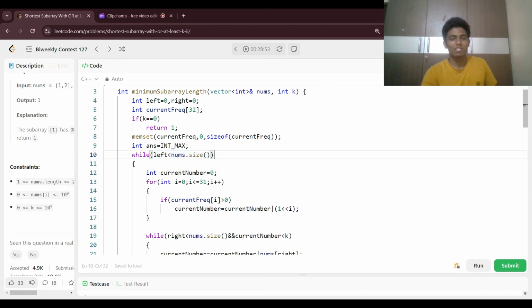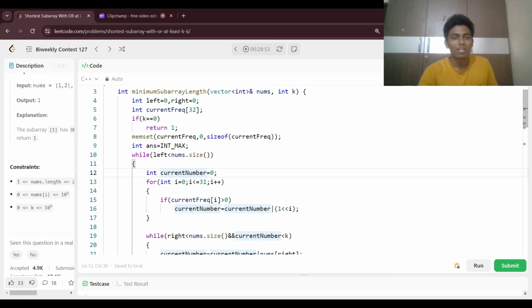And then suppose if the left is less than nums dot size, then we are going to collect the current number from the current frequency, whatever the elements which are present. Suppose current frequency of 31, 32, 31. 31 is going to be the bit, whatever the bit is present in that particular element.